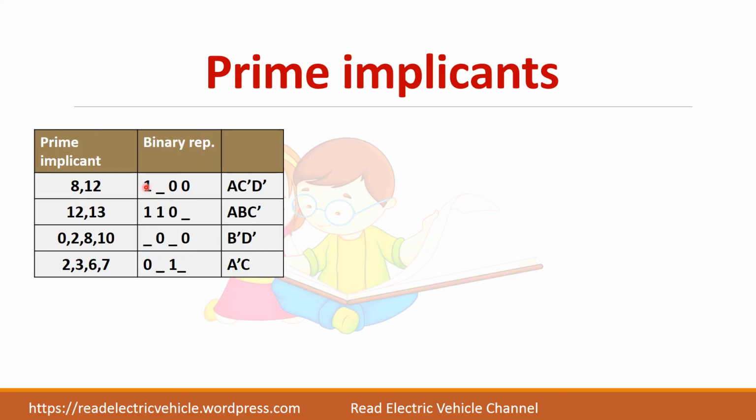You see here, this is 1 dash 0 0, it means that A, B is not there, C dash D dash. Here it is A, B, C dash. Here A is not there, so B dash, D dash. Like that we can write for 4 prime implicants. These are called prime implicants.